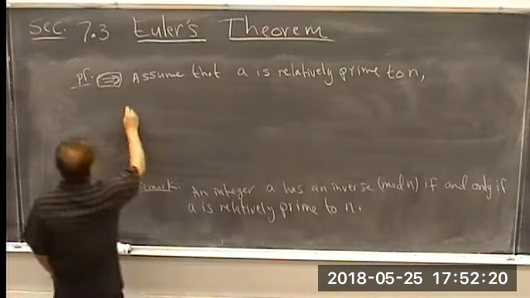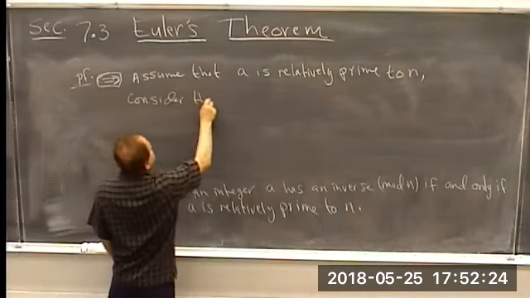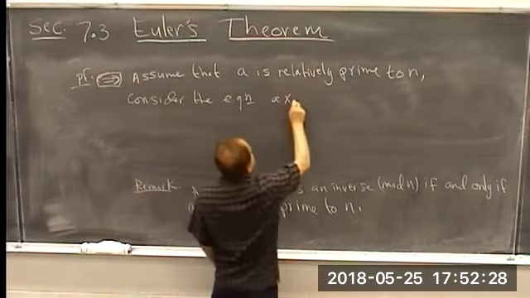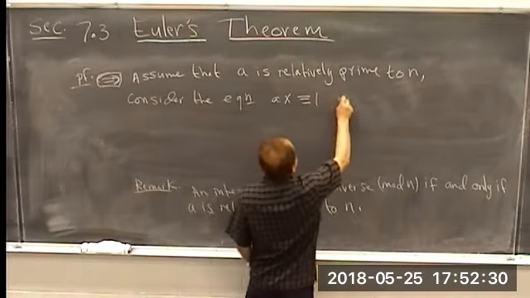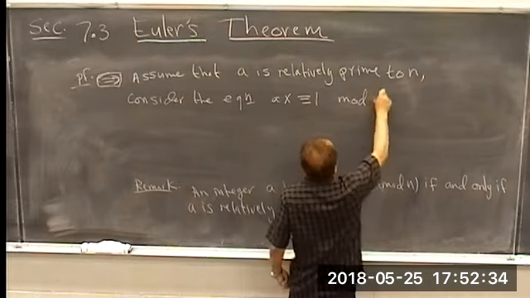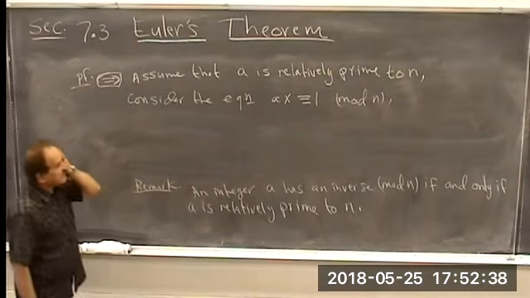Let's consider this equation, ax congruent to 1 mod n. So this is a linear congruence relation.